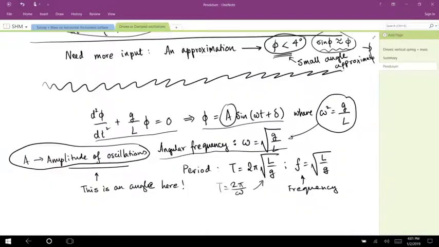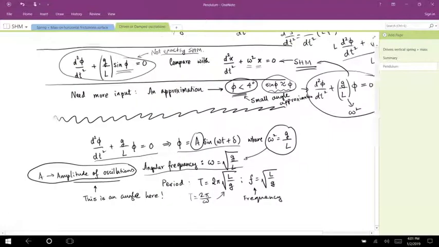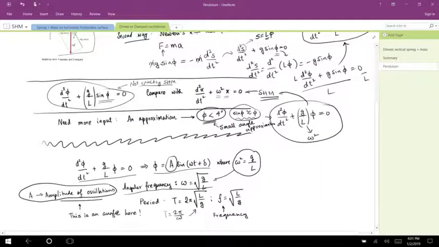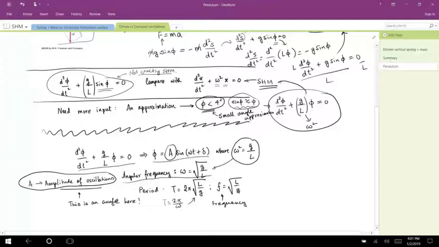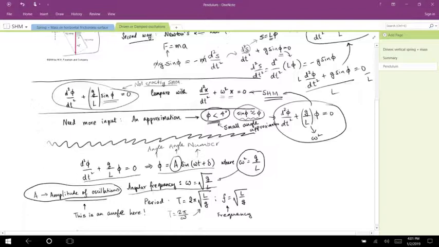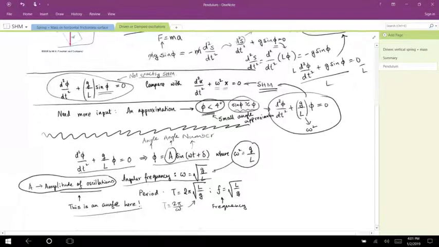Going back to the oscillations for the pendulum, the amplitude of oscillations in this equation, this A, is really an angle. If I do a dimensional analysis, the phi on this side is an angle, and sine of an angle is just a number, so this amplitude here better also be an angle. So the amplitude of oscillations in the case of our pendulum is just an angle.